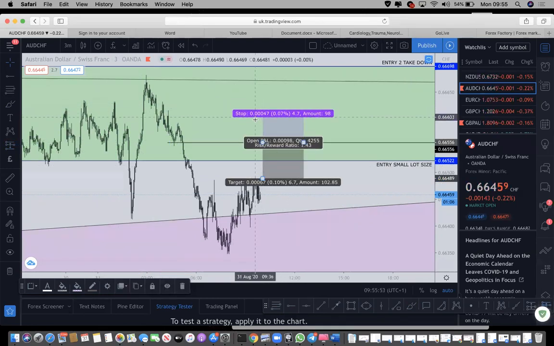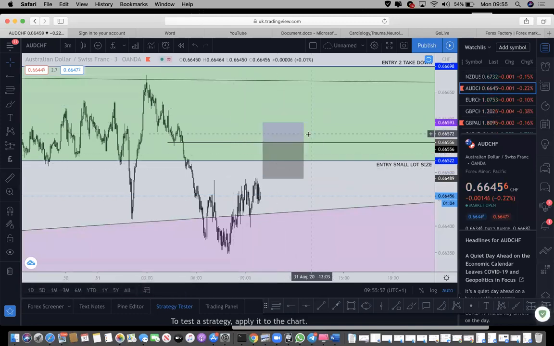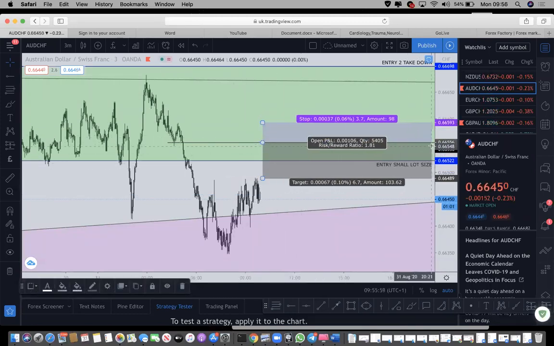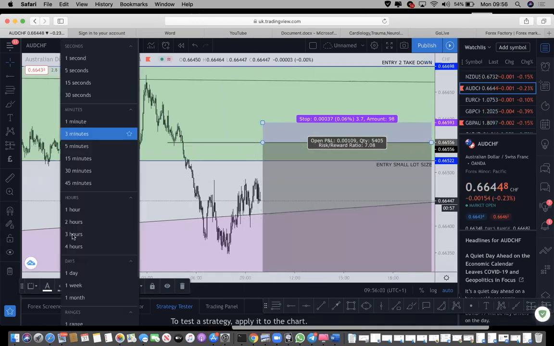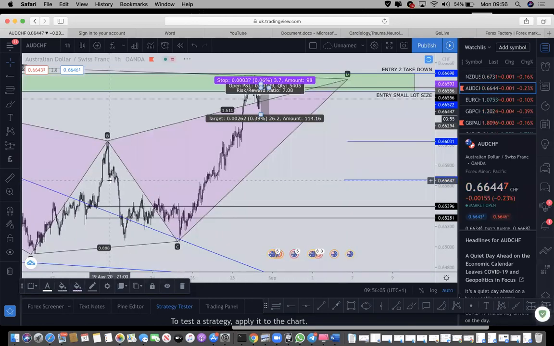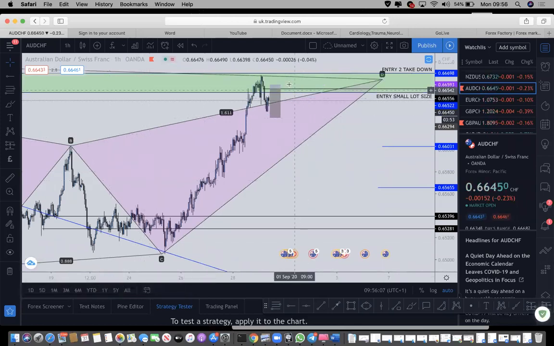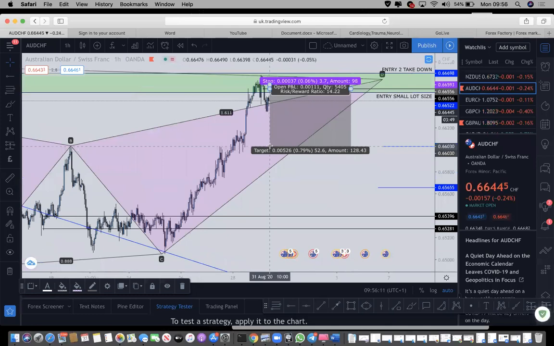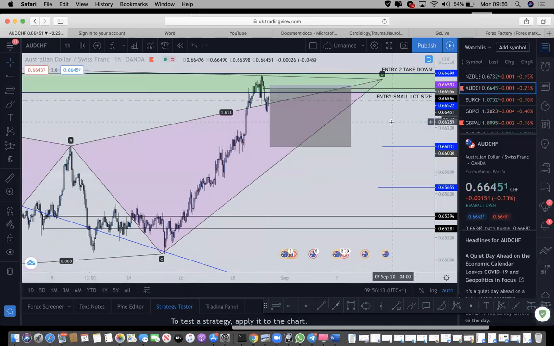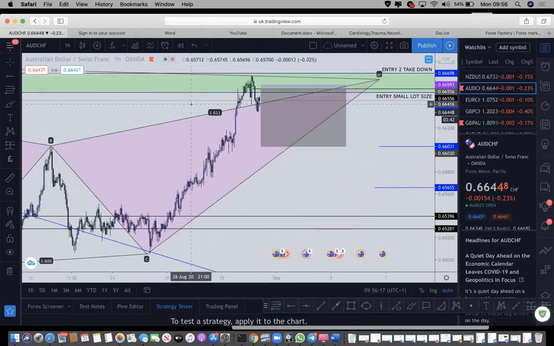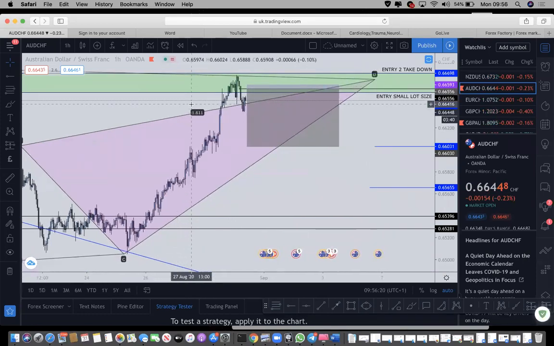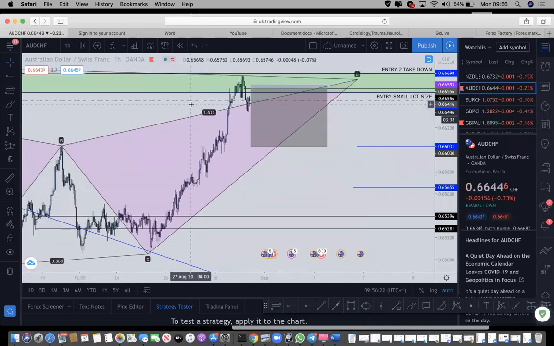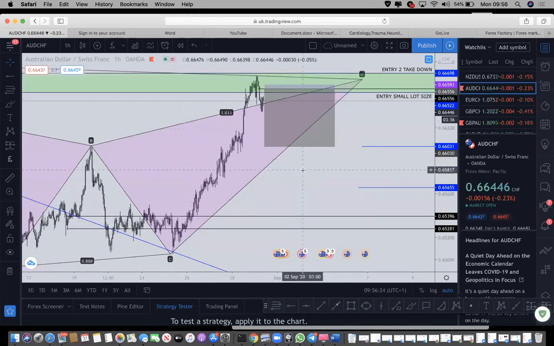Our stop loss will be there. And our TP will be targeting the first TP. That will be a 1 to 14 trade, if we get that re-entry to trigger. That is what we'll be looking at.